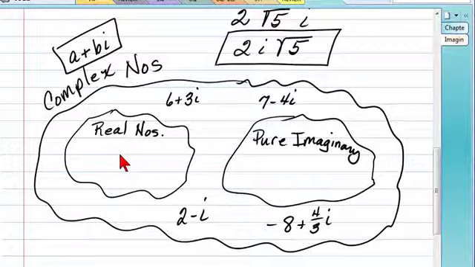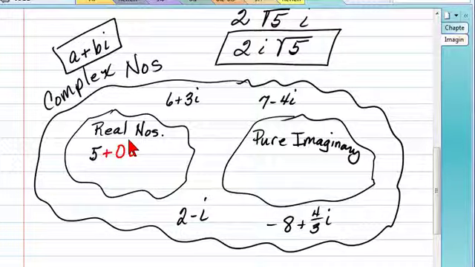Now, real numbers. Real numbers are sitting inside this complex big blob. So real numbers are kinds of complex numbers. If I said the number 5 is a real number, how does that fit into this form that all complex numbers are supposed to have? What's the imaginary part? It's 0.